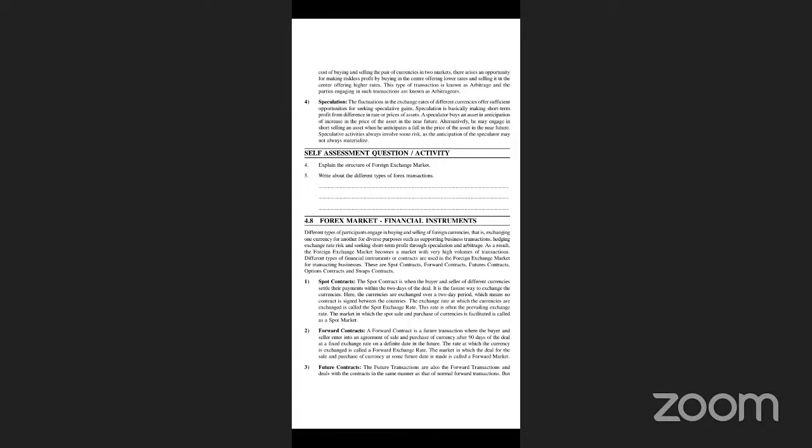Spot contracts are where the buyer and seller of different currencies settle their payments within 2 days of the deal. This rate prevails as the exchange rate, and the market in which spot sales or purchases of currency are facilitated we call a spot market.